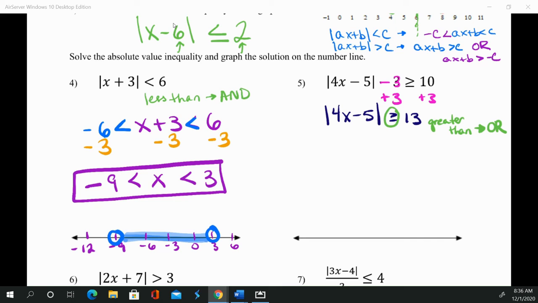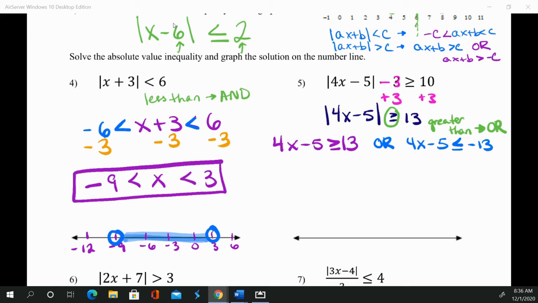So now we set up the one we have given, 4x minus 5 is greater than or equal to 13, or 4x minus 5 is less than or equal to -13, sorry. Okay, so flip the inequality symbol and make that right side negative.